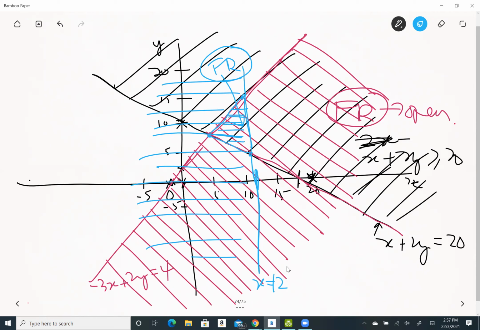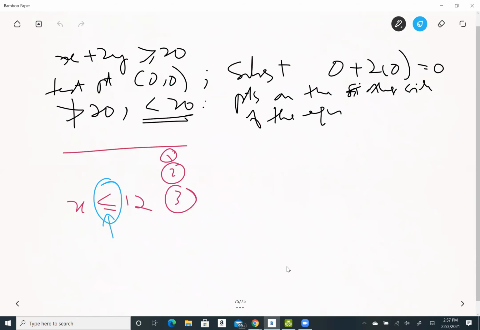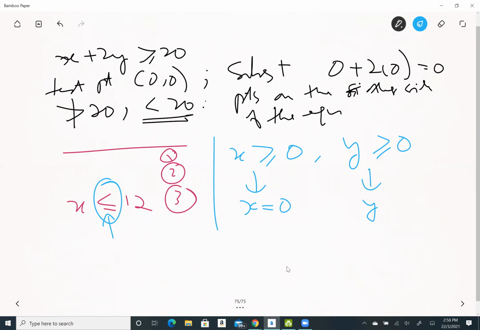All right. So that is open, closed, bounded, unbounded. Now we introduce the other inequalities. Let's say we have x bigger equal to 0, y bigger equal to 0. So here you start with the equation x equal to 0. And of course here y equal to 0. Now x equal to 0, which line are we talking about?